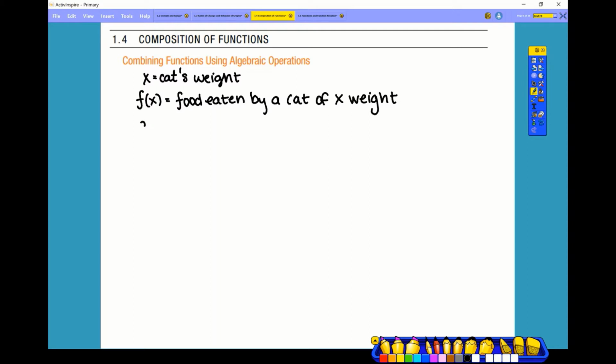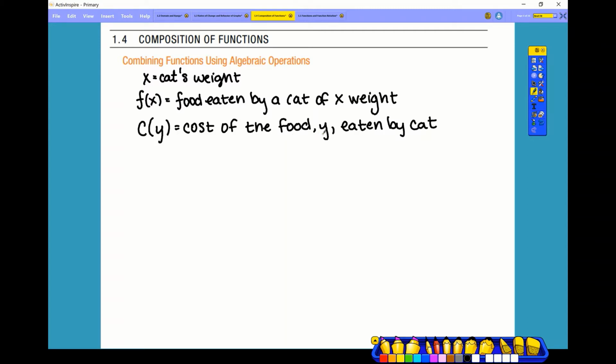Well, c of, what are we going to call this? Y is equal to the cost of the food Y eaten by a cat. And that's the cost of the food.